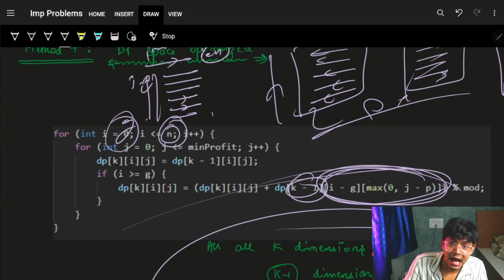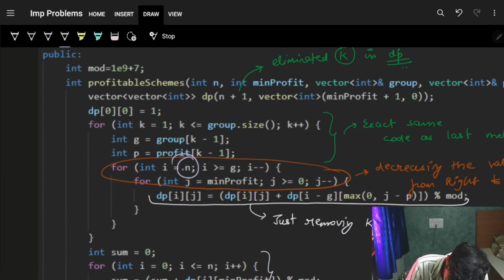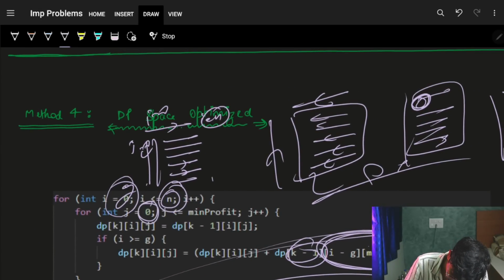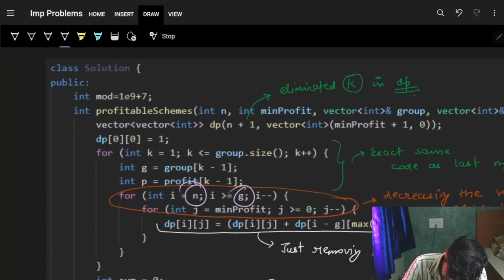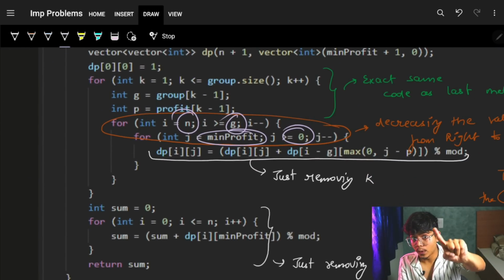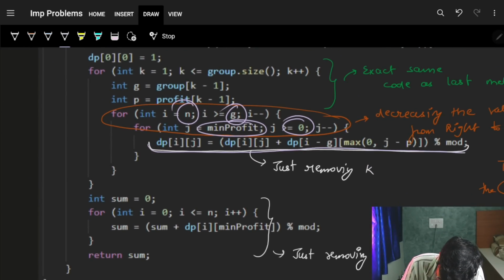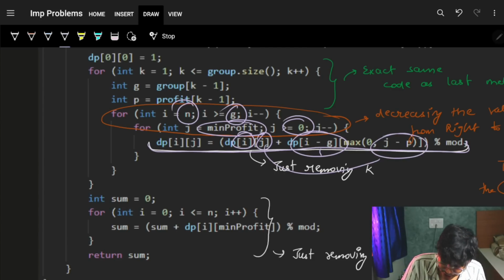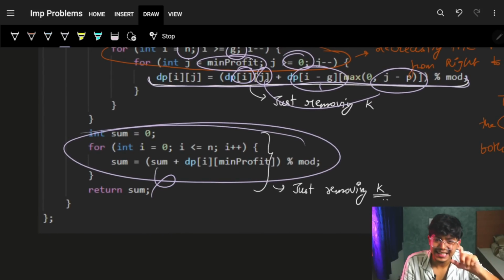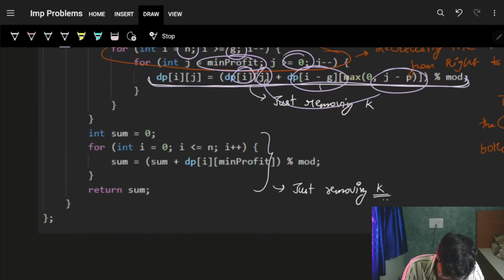From g to N I was moving. Now I will move from N to g. And also in the previous code you moved from 0 to minimum profit; here you will move from minimum profit to 0. Reverse. I'll show why. And exactly the same part, i to i minus g, j to j minus p. And lastly the sum, exactly the same, just that the k thing is removed.